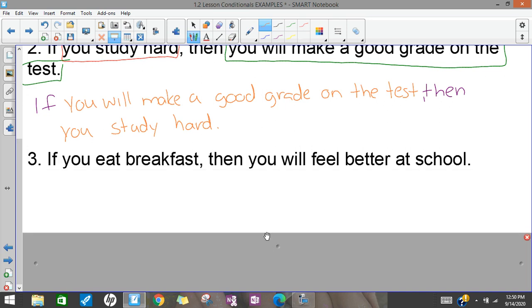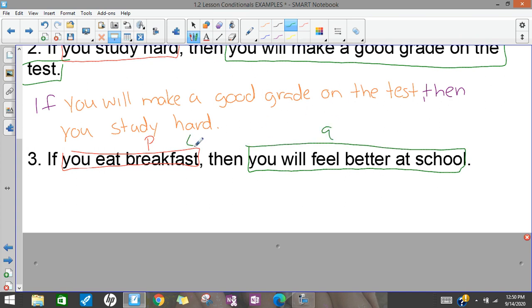Let's do one more. Identify P. P is you eat breakfast. Q, you will feel better at school. That's usually true. We're going to trade their places to write the converse. So if and then are staying in the same spot. We're going to write Q first.